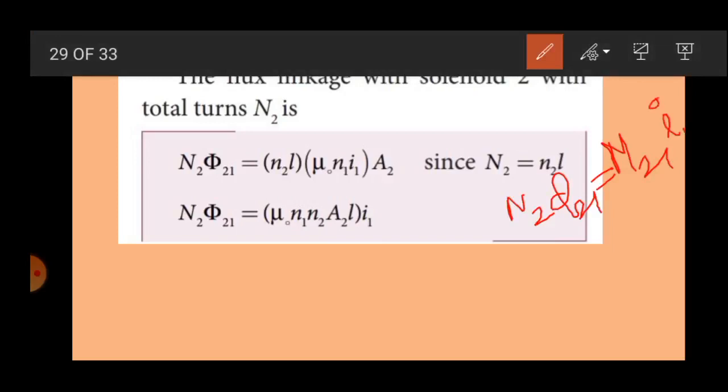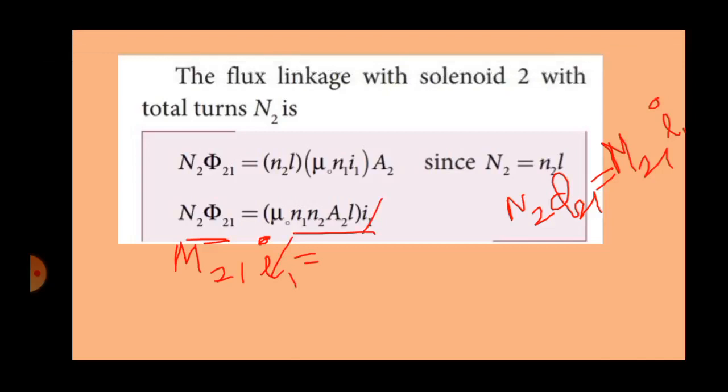Now substitute here. M21 into I1 is equal to this one, mu naught N1 N2 A2 L into I1. Now I1 is cancelled.